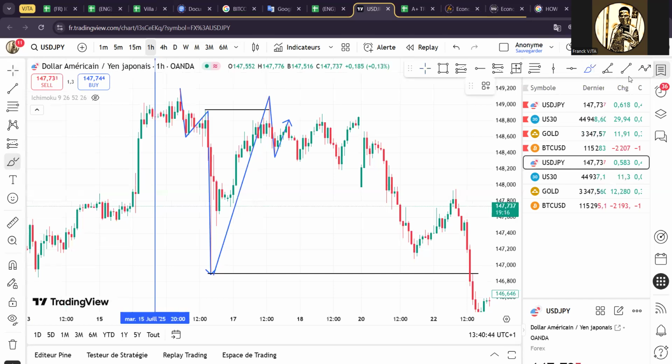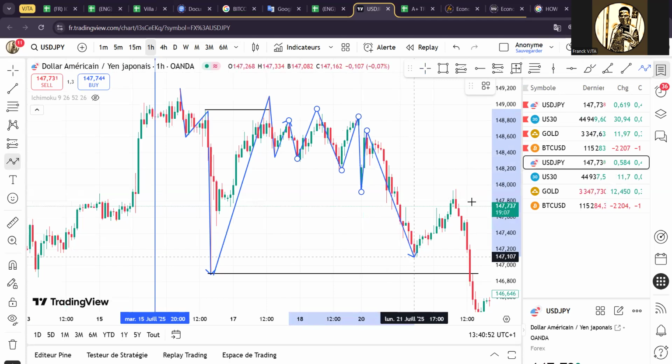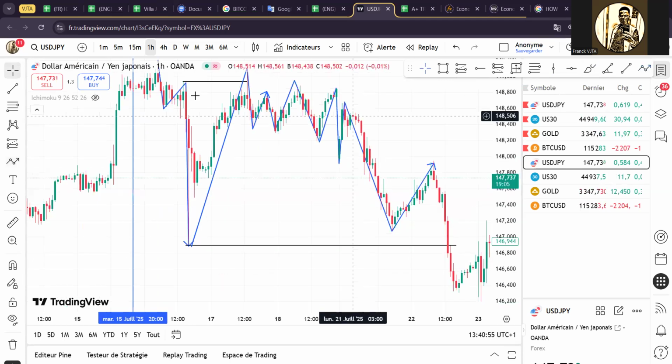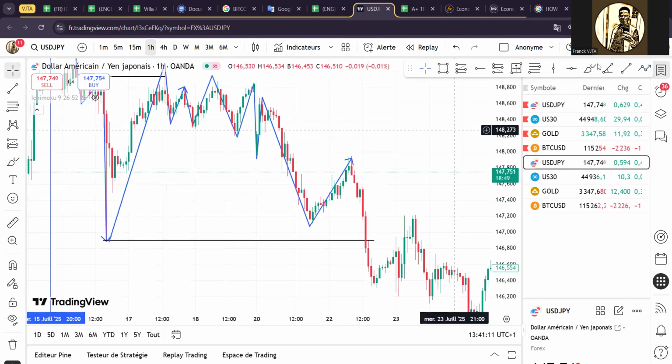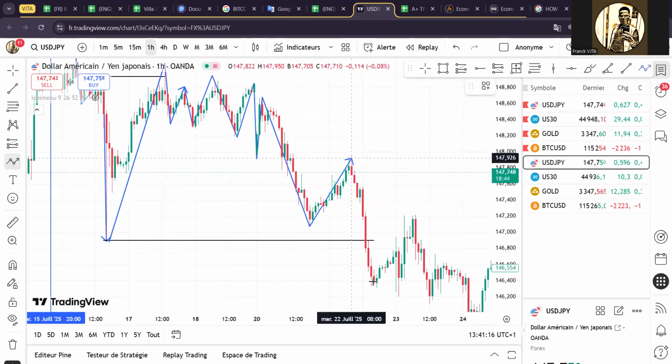So all of this in the middle is still in an uptrend from the price perspective, until we literally come and break here below.